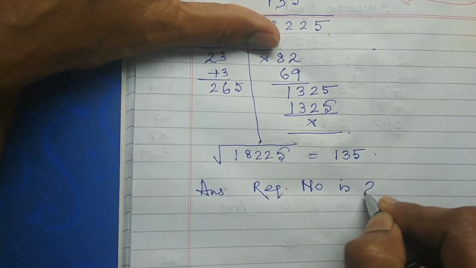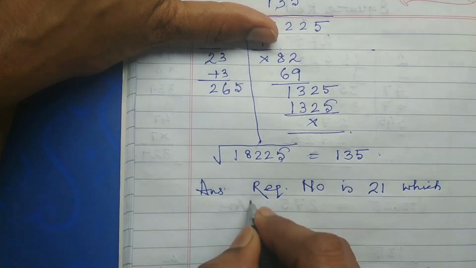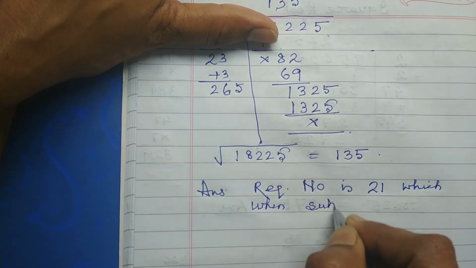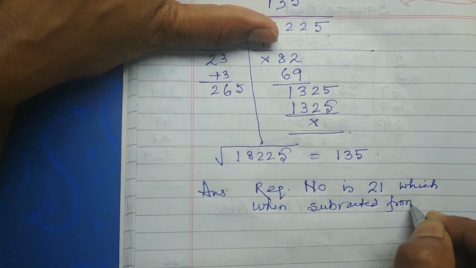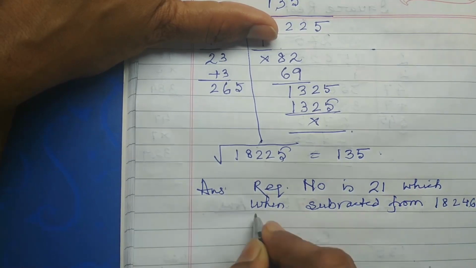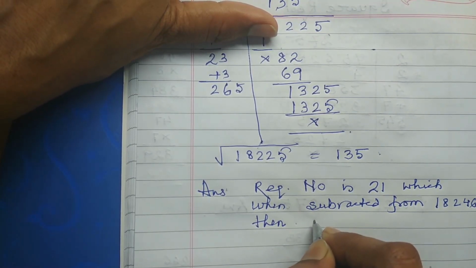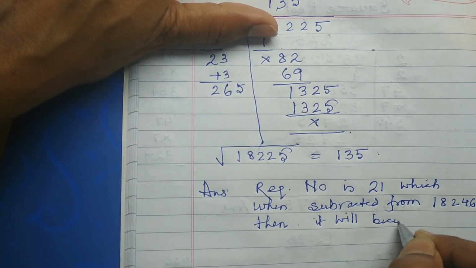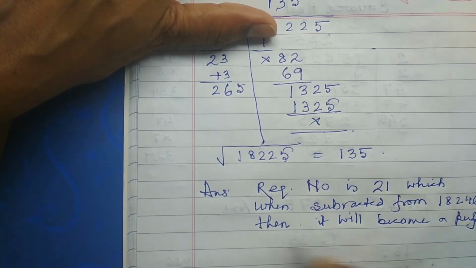Required number is 21, which when subtracted from 18246, then it will become a perfect square.